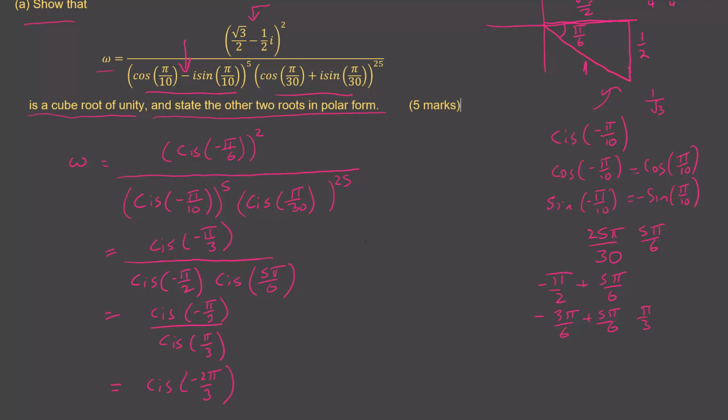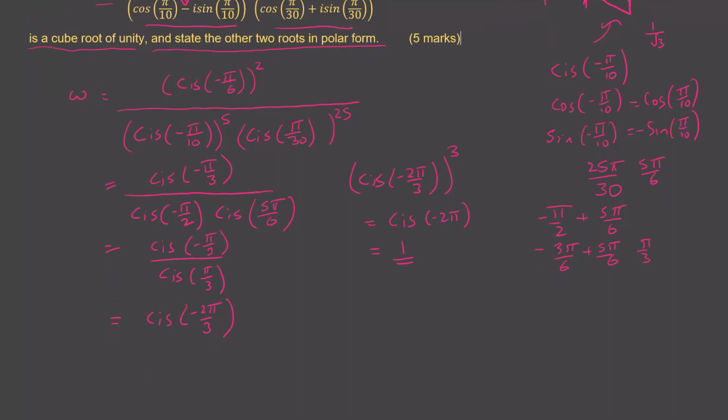Now, we need to show that it's a cube root of unity. Cis of negative 2 pi by 3 cubed is equal to cis of negative 2 pi, which is equal to 1. Now we want to state the other two in polar form.